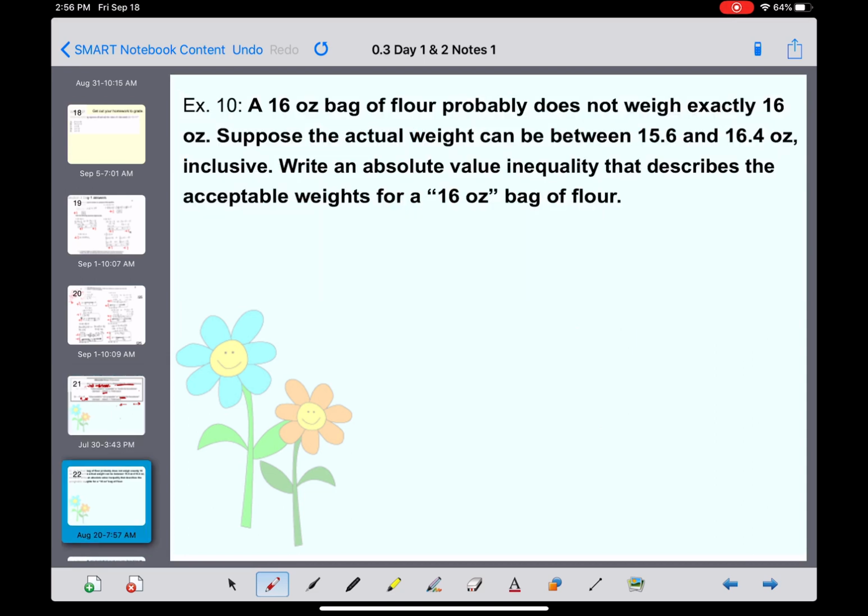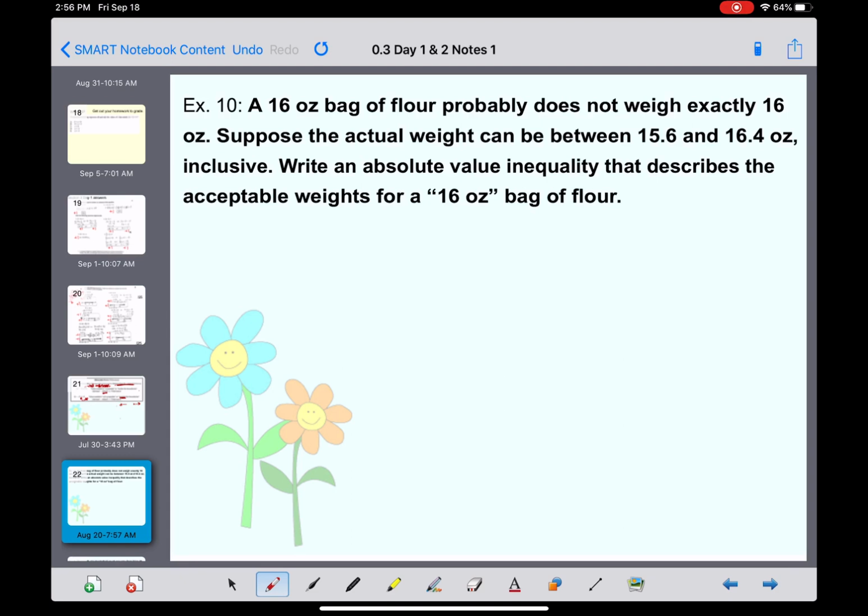So a 16-ounce bag of flour probably does not weigh exactly 16 ounces. Suppose the actual weight can be between 15.6 and 16.4 ounces, inclusive. Write an absolute value inequality that describes the acceptable weights for a 16-ounce bag of flour.